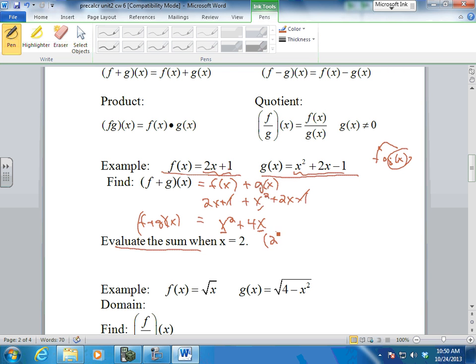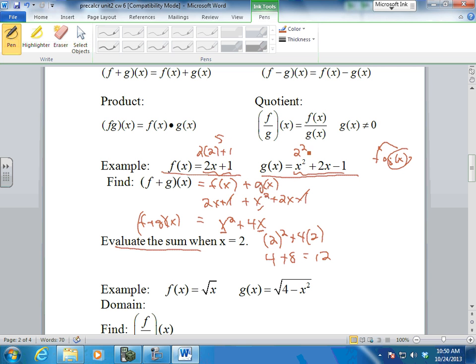So we say 2 squared plus 4 times 2. This gives us 4 plus 8, which gives us 12. The long way, we would have had to do it twice. We would have had to put the 2 in here: 2 times 2 plus 1 gives you 5.